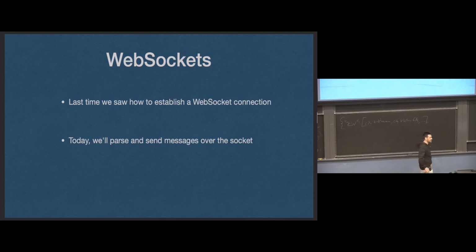So that's what we want to talk about today: how we're going to send messages over the socket, what the format of those messages is, how to parse them, and how to construct them to send them. That's our big thing today, because we already have the connection. We're in a loop. At the top of that loop we're going to call receive. Those bytes are going to be the bytes of a WebSocket frame, not an HTTP request anymore.